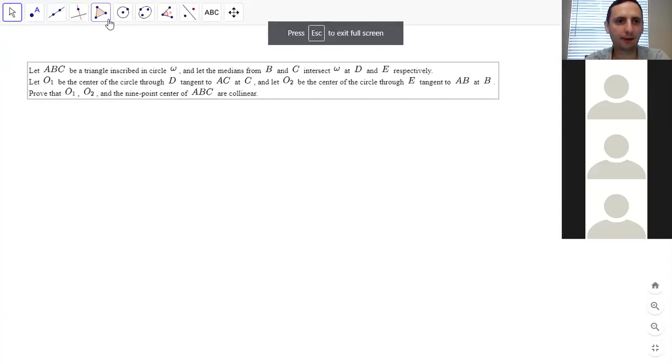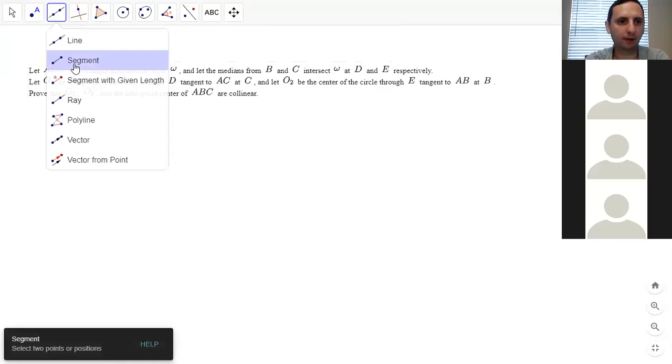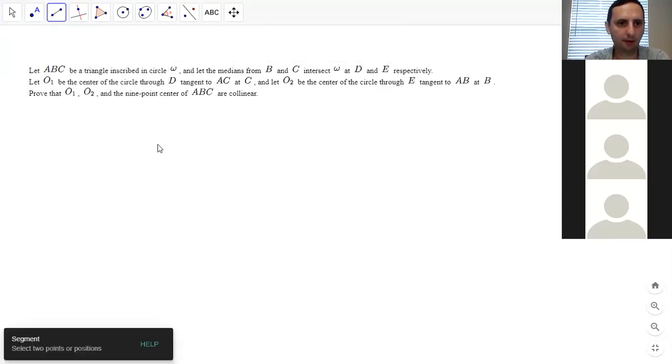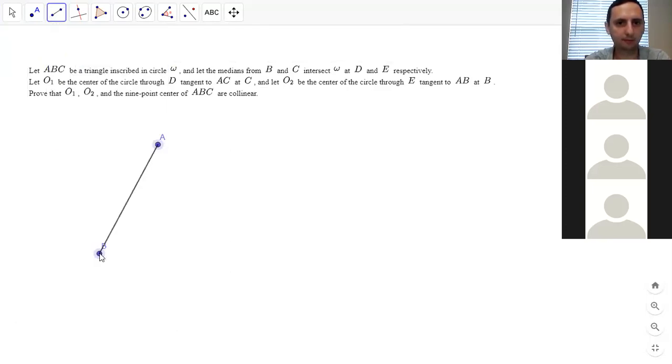So we have a triangle ABC, and it's inscribed in a circle omega.